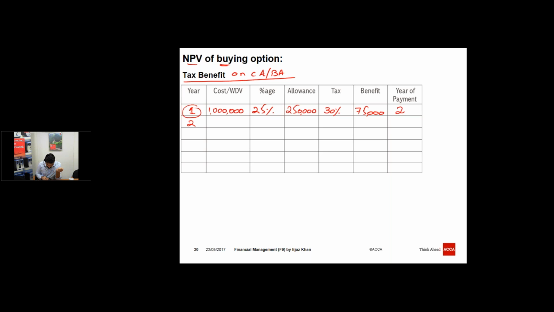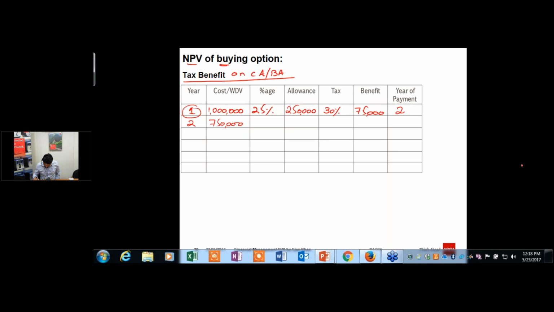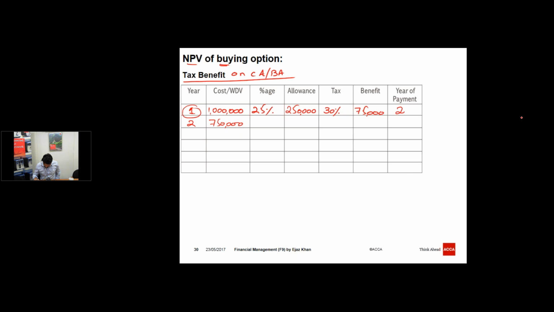In the second year, since it's a reducing balance basis, we'll have to calculate the written down value. So 1 million was the cost of asset, and by the end of year one, we were allowed 250,000 of the allowance. So the WDV of the investment will be 750,000. So we'll again take 25% of 750,000.